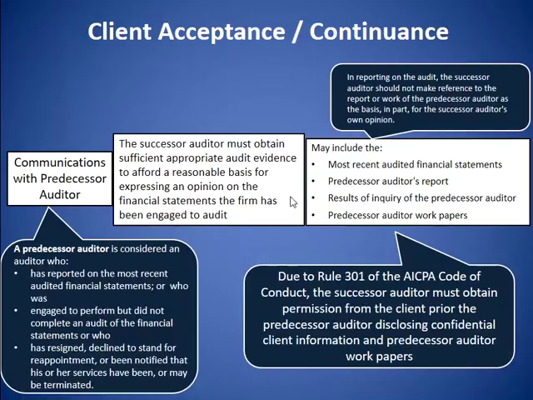The successor auditor may also request the most recent audited financial statements, the predecessor's audit report, the results of inquiry of the predecessor auditor, and predecessor auditor work papers. Again, that's given under Rule 301, where the client gives permission to access this information.